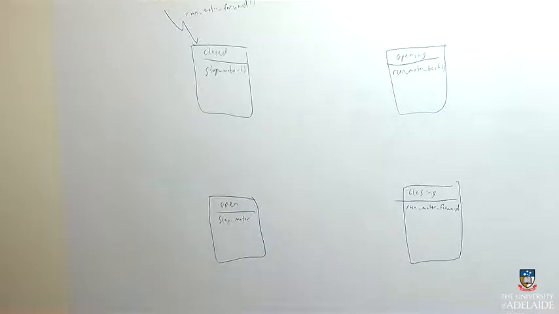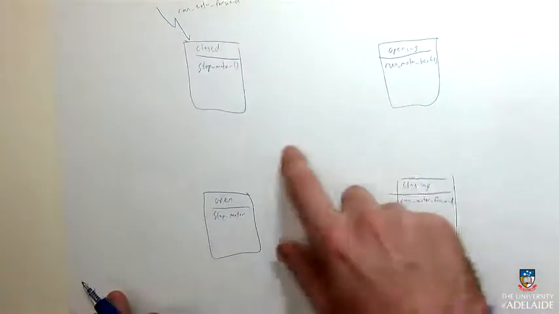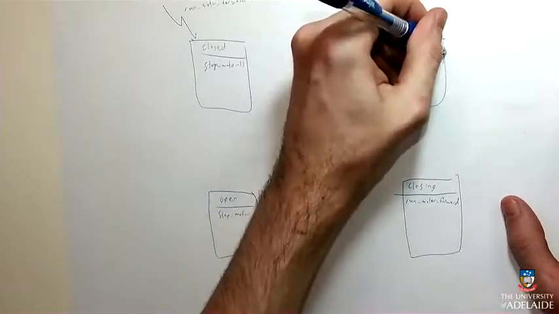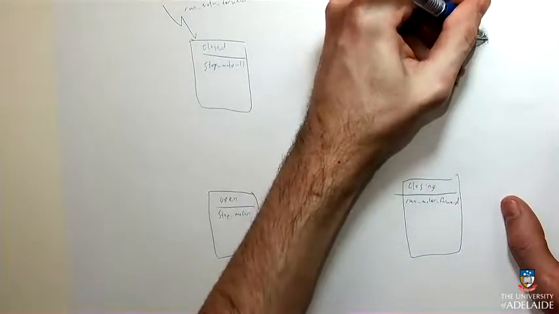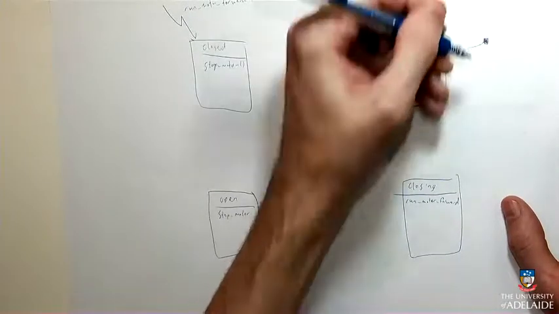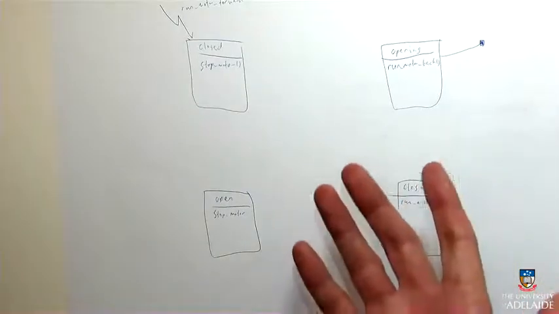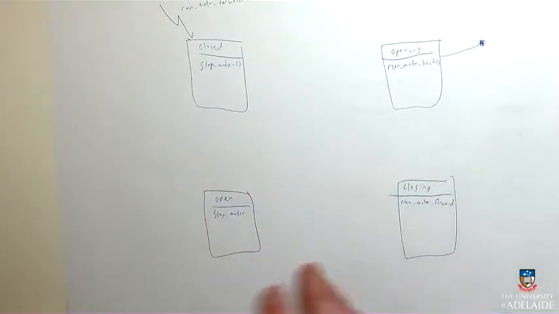However, I'm explicitly not leaving this state. I'm remaining in the state. Or if you like, I am leaving the state, but I'm not re-triggering the entry conditions or the entry events to the state. So the way that we represent that is with a nice little box like this. And then we just add the various behaviors or triggers that we wanted to that.